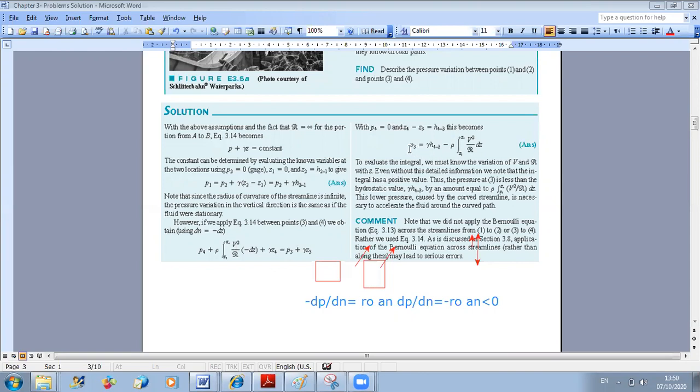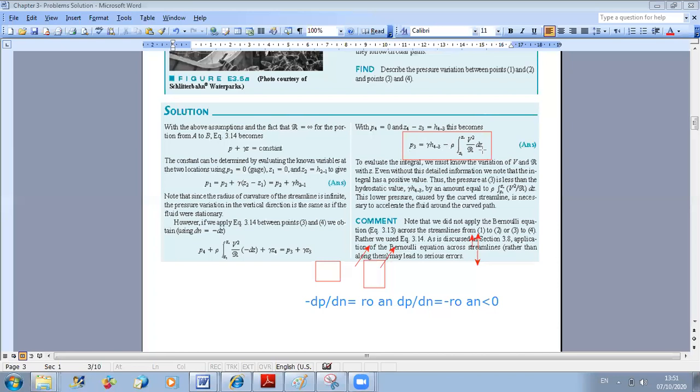If you simplify after putting P4 equal to 0 and taking P3 to the other side, you get that P3 is equal to gamma H_4-3, which is the depth, minus rho times the integral from Z3 to Z4 of V squared over R.